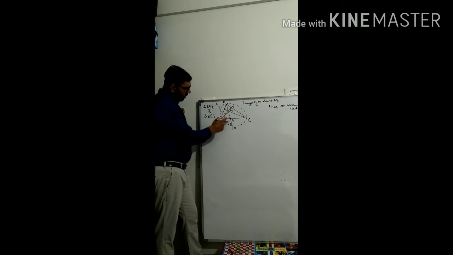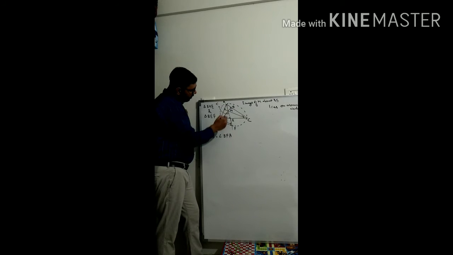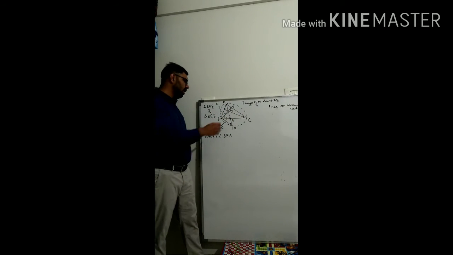And I already told you that this angle and this angle will be equal. Angle BFA will be equal to angle ACB, because angles drawn in the same arc of a circle are equal.